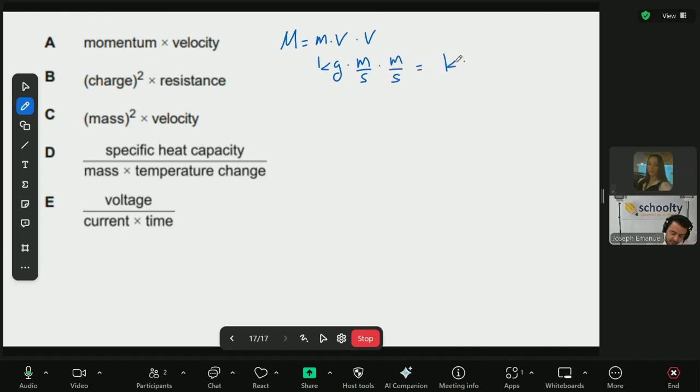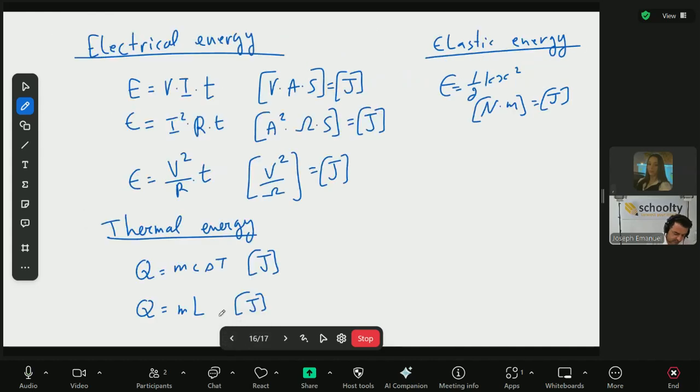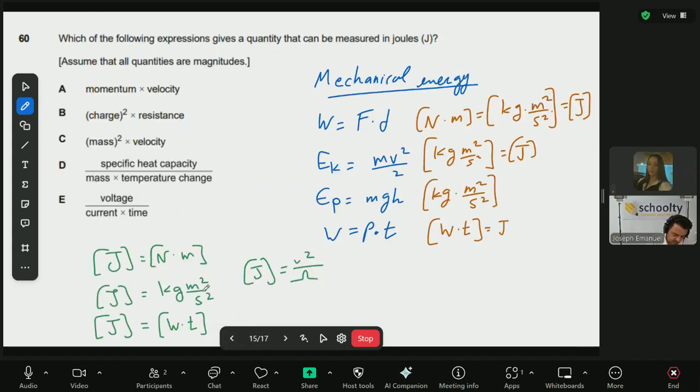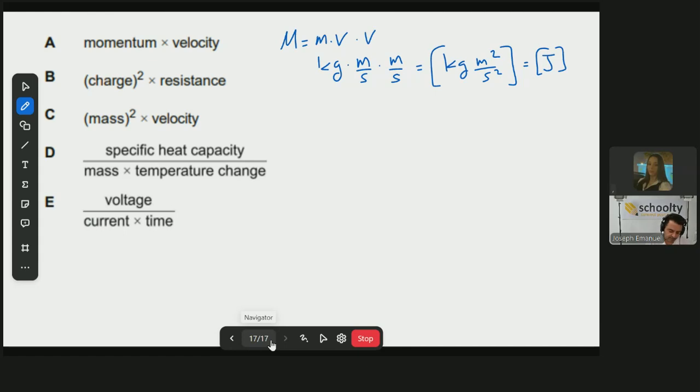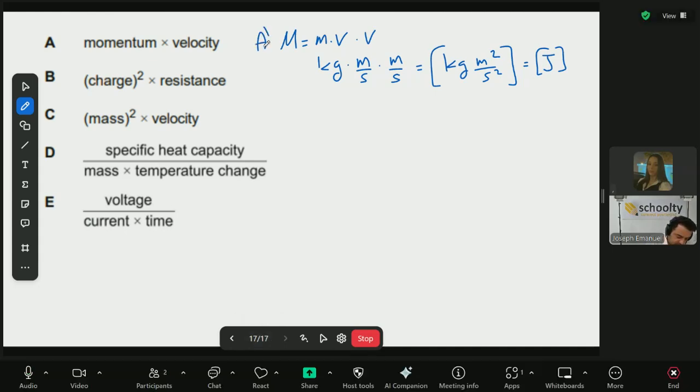And we see here, yes, kilogram meter square second square. We saw that this equals the joule, correct? Here we see that this is this one, so it's correct. So we have momentum multiplied by velocity becomes energy. Okay, next one, B. This is A. So this is true.